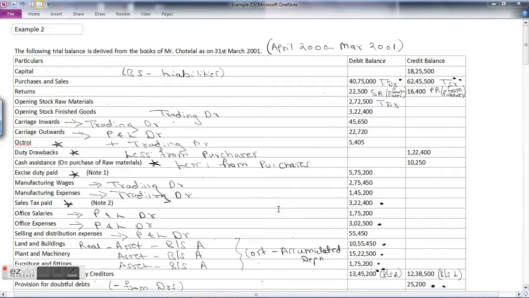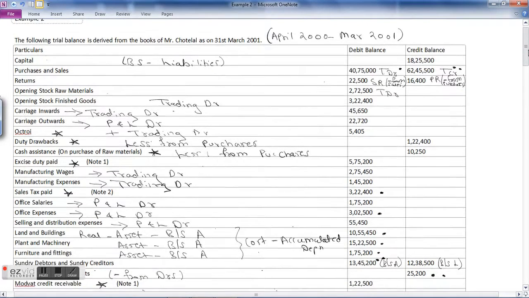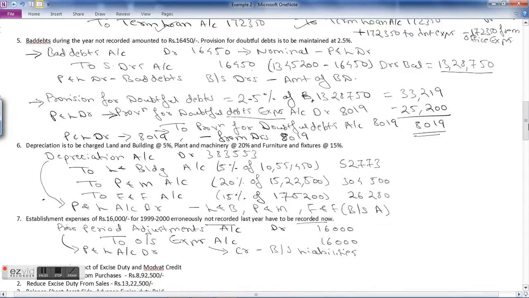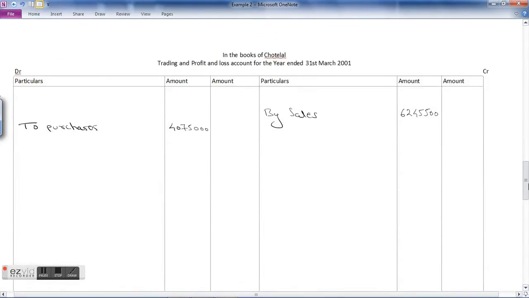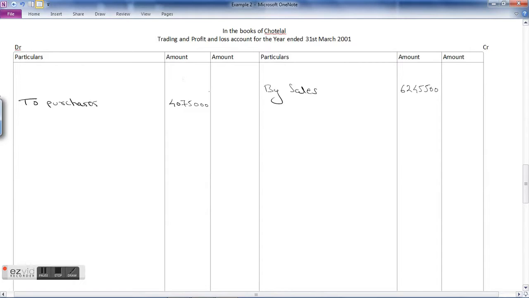Now the next is returns, sales returns and purchase returns. The debit side is sales return, so we have to reduce it from sales. 22,500. So trading account credit side, less sales return 22,500.